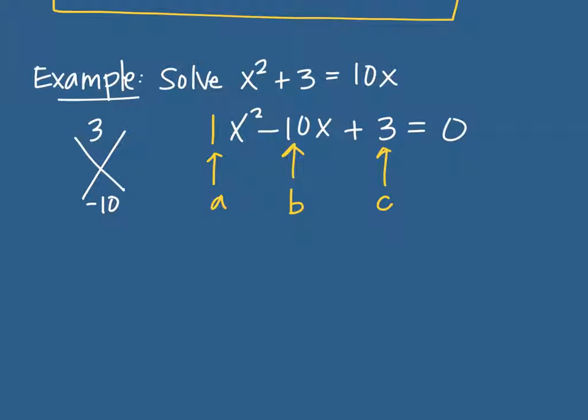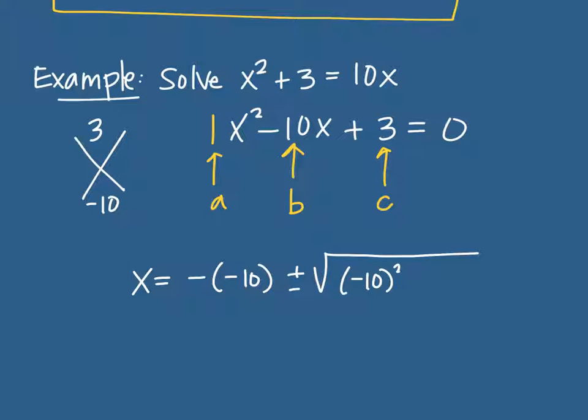Okay, and so then we will solve x equals. So x equals negative b. That'll be negative, parentheses, negative b, plus or minus the square root of parentheses negative 10 squared. In my experience, students who use parentheses are less likely to make a mistake.